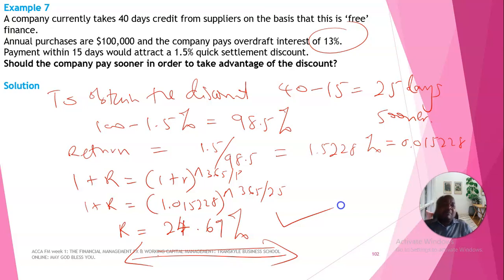But if we borrow money today and pay for the goods and take the discount, we will incur a 13% overdraft charge. So it is actually better to go for the discount, where we pay 13% overdraft charge, rather than to wait and pay later, where we get the overall effective interest rate of 24%. So the discount option is better and cheaper given the circumstances.